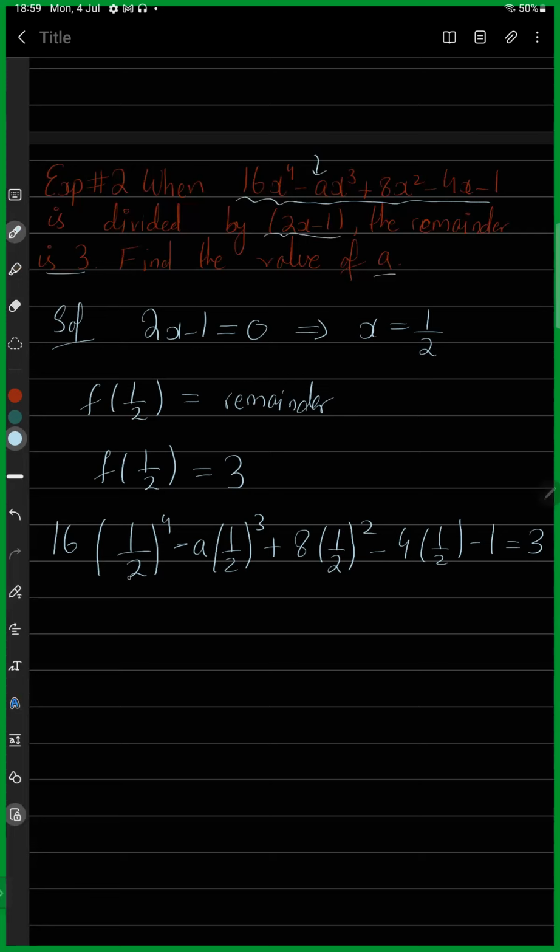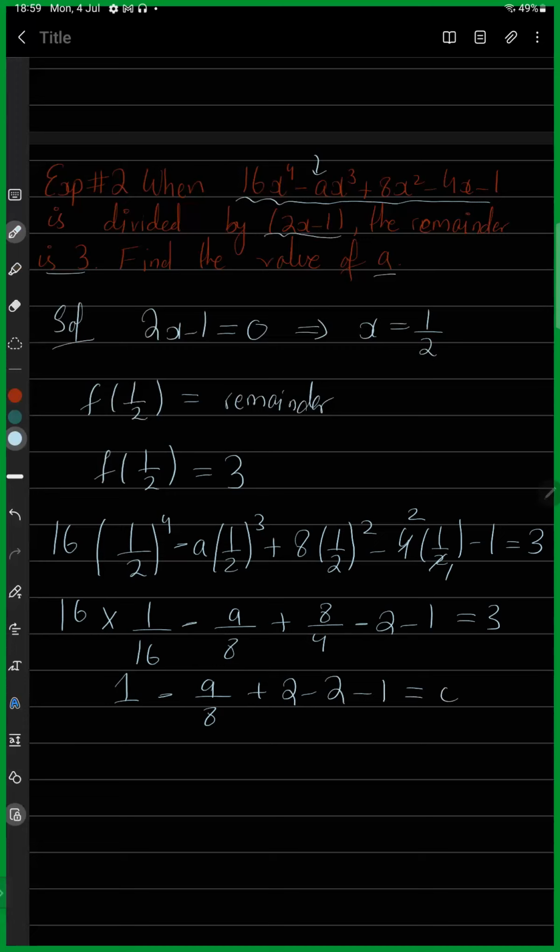So this would give me 16 multiplied by 1 by 2 power 4 is 16, minus a divided by 2 cubed is 8, plus 8 divided by 4. This and this would be cancelled. Minus 2 minus 1 equals 3. 1 minus a by 8 plus 2 minus 2 minus 1 equals 0. Also equals 3, I'm sorry.